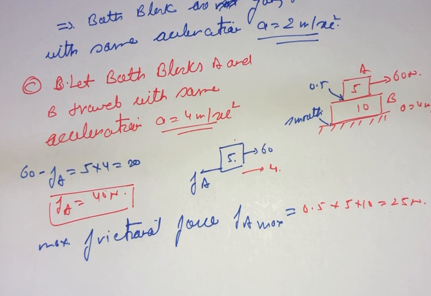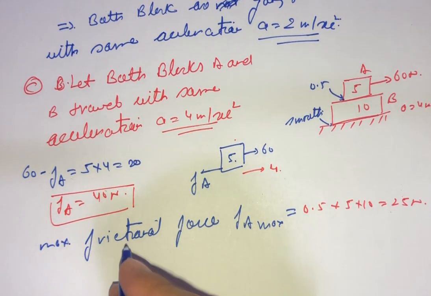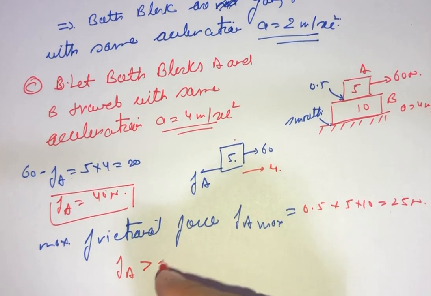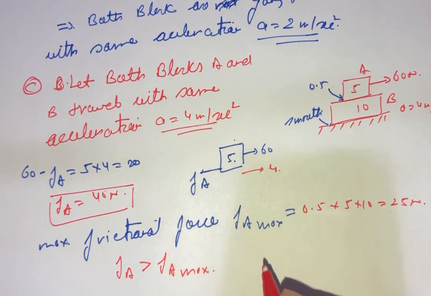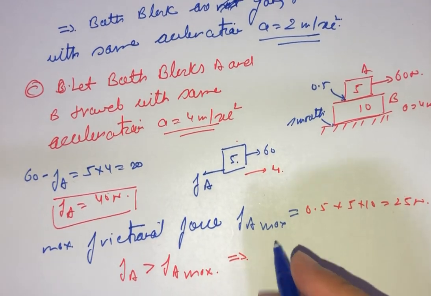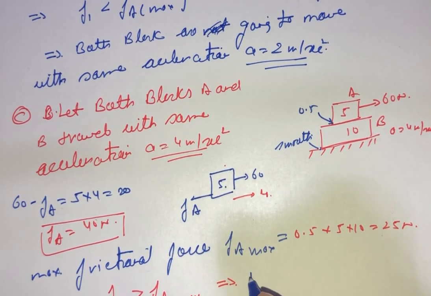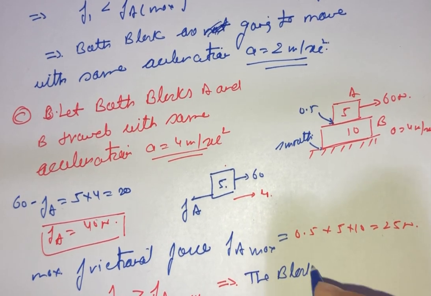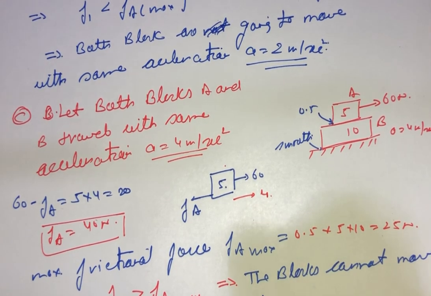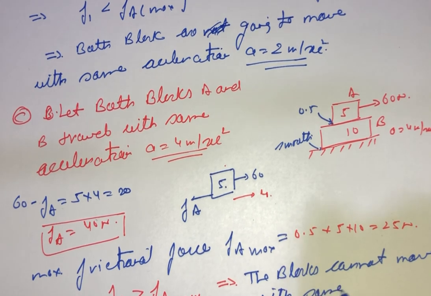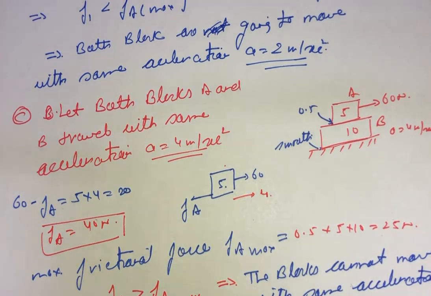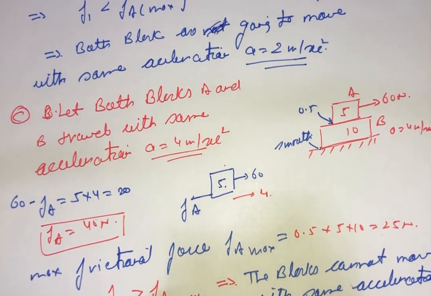So in this case we see that our Fa is greater than Fa max. Under this condition the blocks cannot move with the same acceleration, because the applied force is greater than the maximum force.